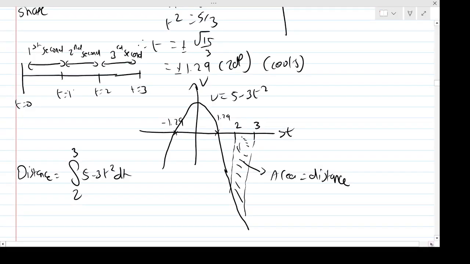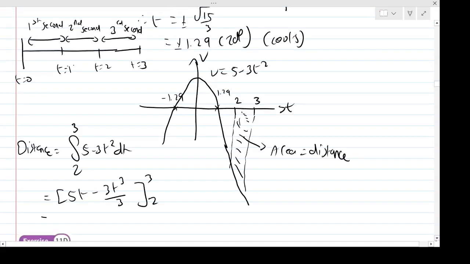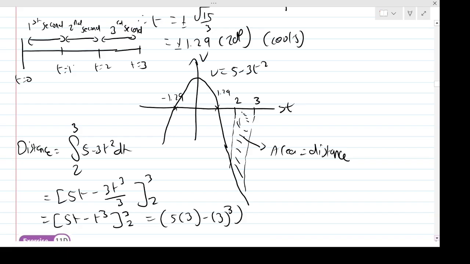If we work out this integral, that would be 5t take away 3t cubed over 3, between 3 and 2, and then I can simplify that to 5t minus t cubed between 3 and 2. If I sub in 3 first, that's 5 lots of 3, take away 3 cubed, and then take away 5 lots of 2, take away 2 cubed.